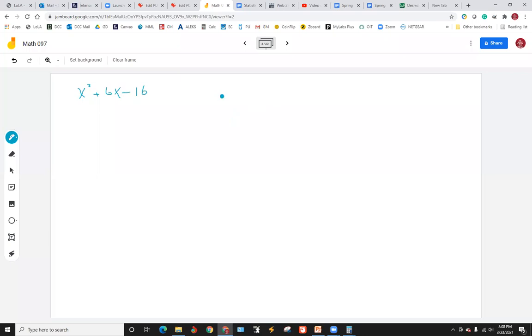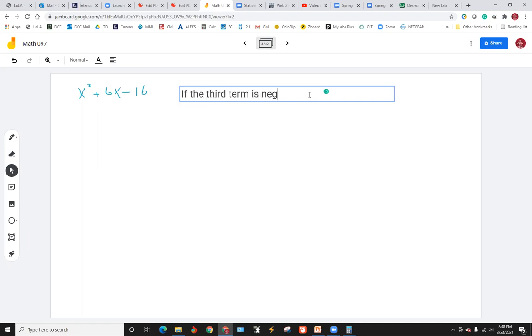All right, so here's the second case. If the third term is different, and when we say different, there's only 2 choices, negative and positive.